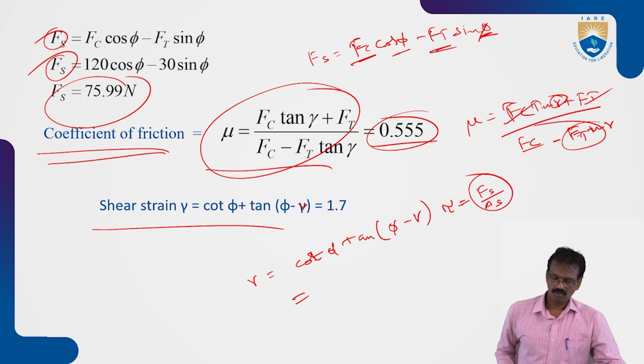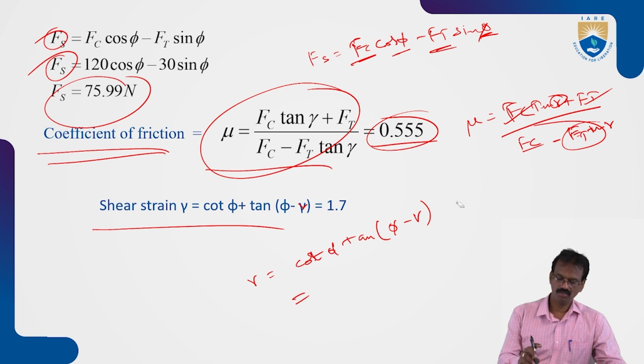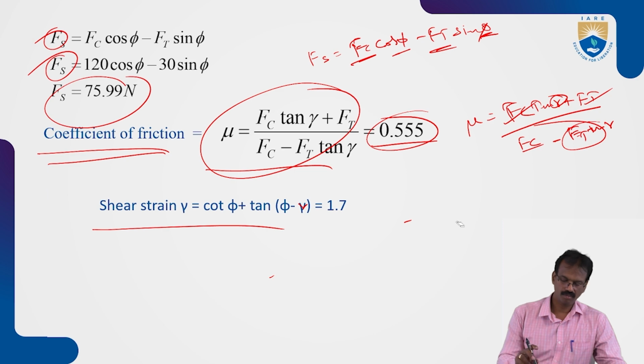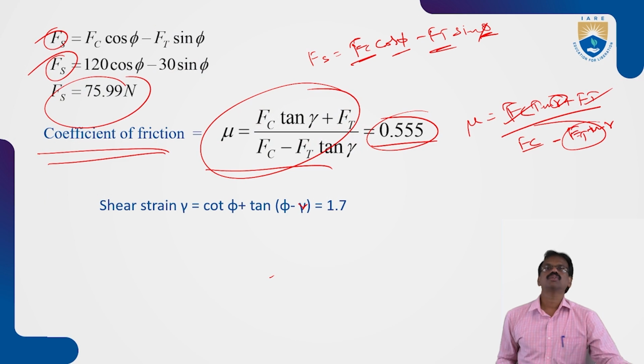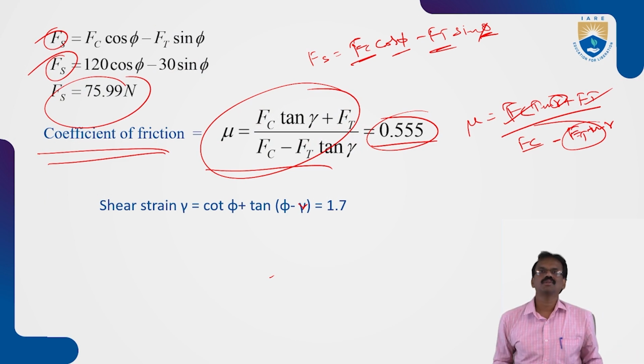Okay. If you solve with the Fs and As values, then you can find out the shear strength also. Okay. So these are the values. This one is a numerical which is related to the merchant circle.